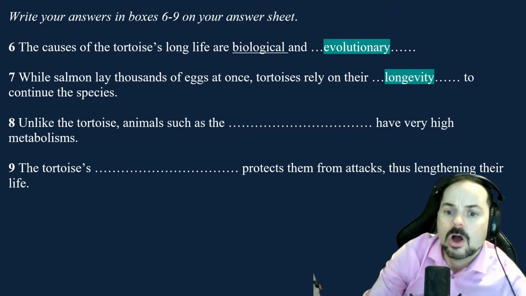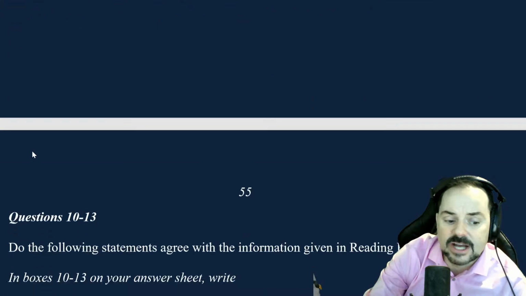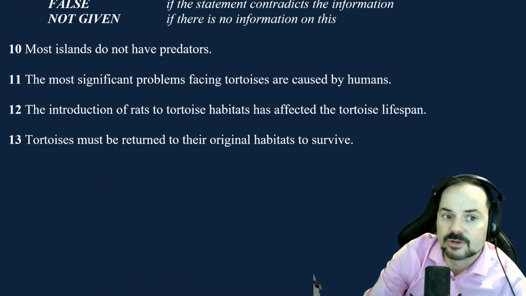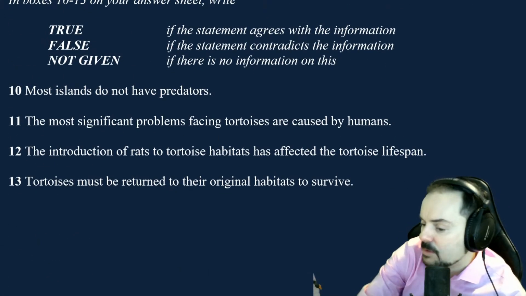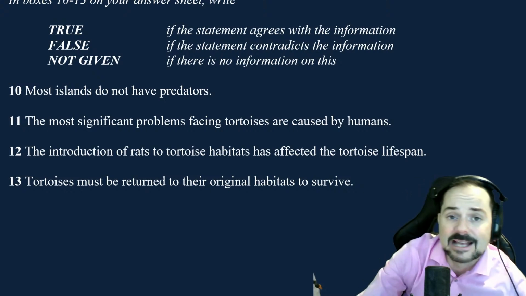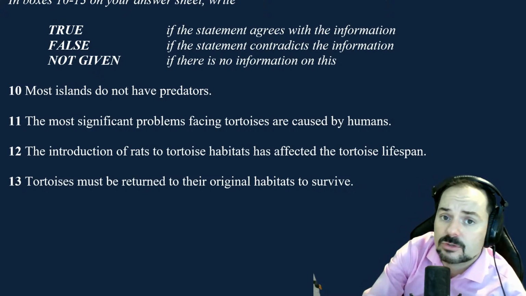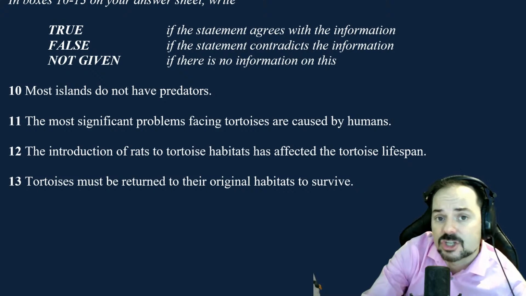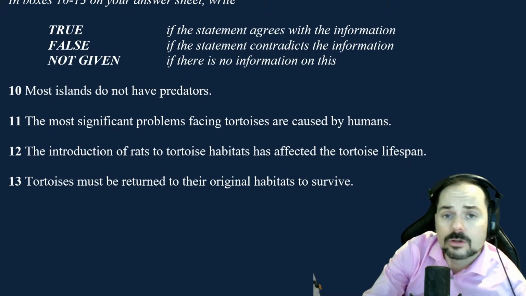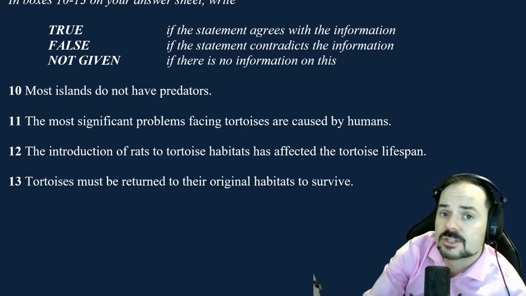Okay. All right, students, I'm running out of time. So I will leave 8, 9, 10 to 13 for you. So the true, false, not given. You remember the strategy from last week's class for that one. If somebody didn't see that class, check out the YouTube channel. Look for the reading session from last class, or look at the YouTube channel for the true, false, not given strategy.